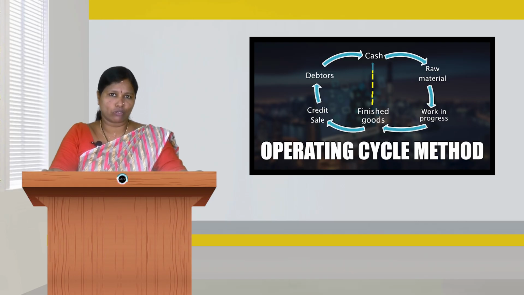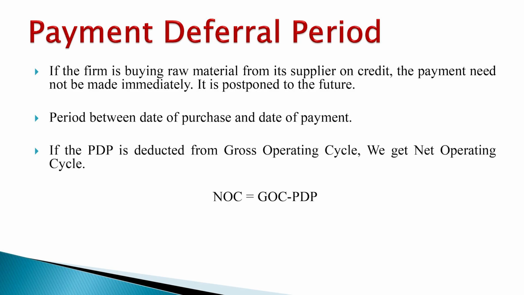Next, we have to calculate the net operating cycle. How to calculate it? When you deduct the payment deferral period from the gross operating cycle, we easily get the net operating cycle. Now, what do you mean by payment deferral period? If the firm is buying raw material from its supplier on credit, the payment need not be made immediately; it is postponed to the future.